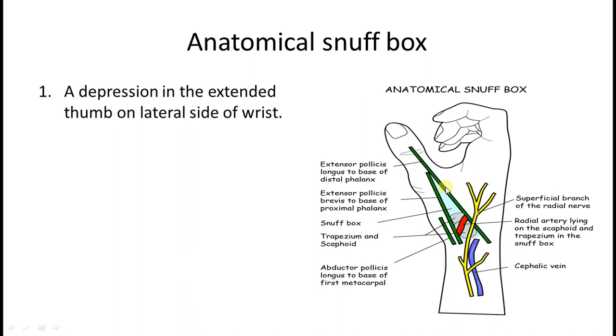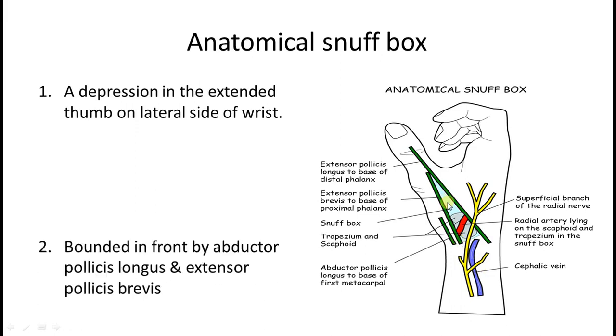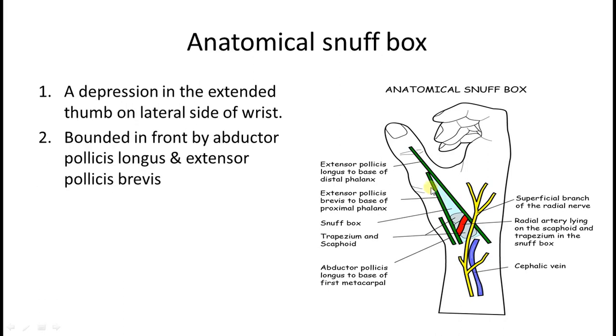The boundaries, again the tendons, you will be able to identify only if you extend your thumb. You nicely extend your thumb, then naturally all the tendons you can see prominently, especially this tendon which you are able to see here in front.